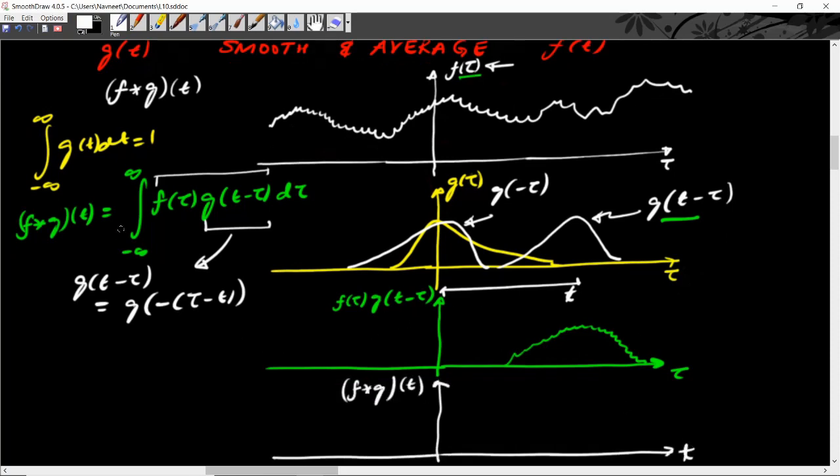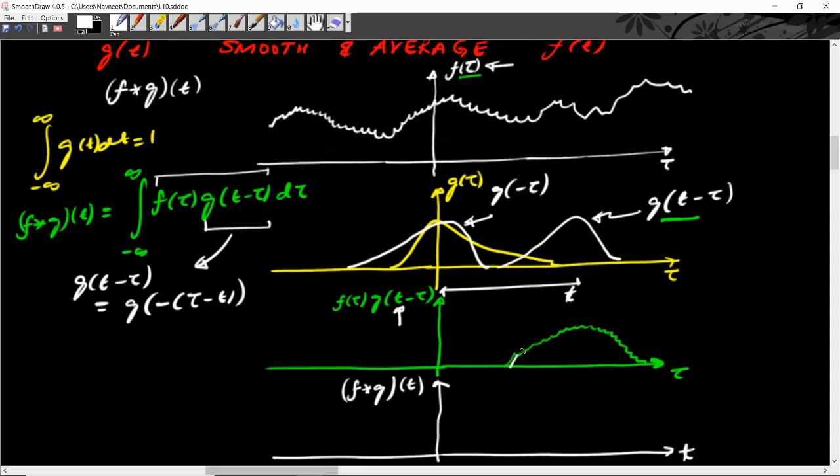The next step in the convolution operation is that we take this product f of tau and g of t minus tau for a particular value of t, and then we integrate it over tau.